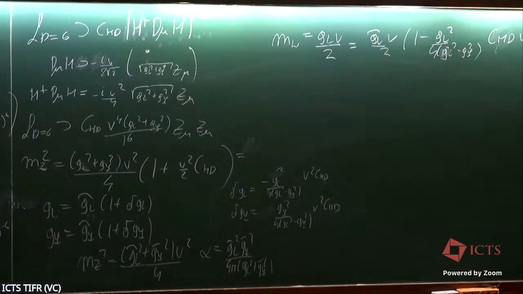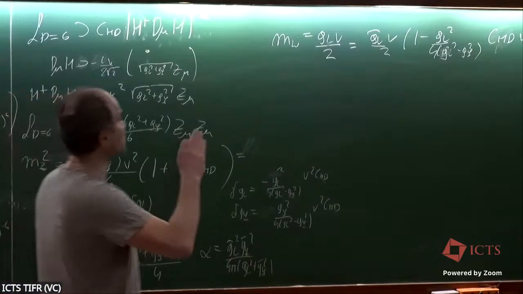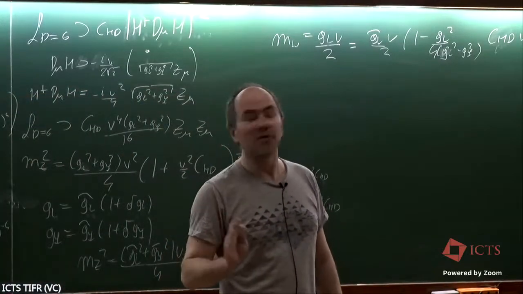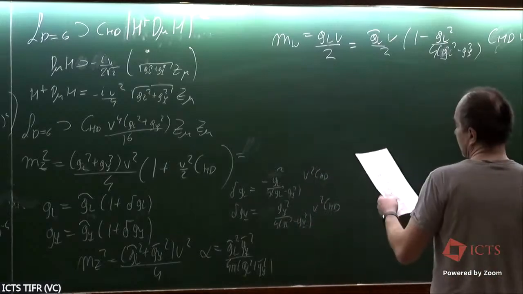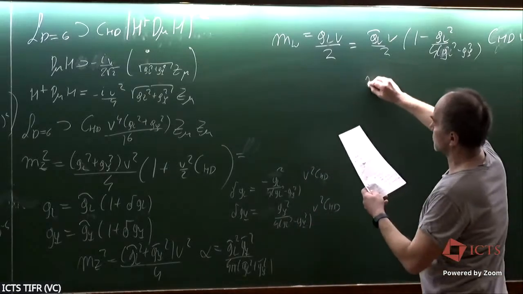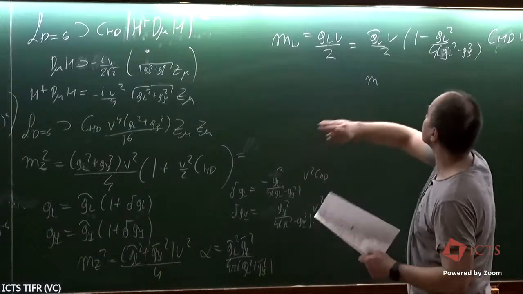I'm not sure you understand. V can be corrected, but not by this operator. This operator doesn't correct V because it doesn't affect anything. It only affects MZ, so it only changes GL and GY. And then you can take the measurement. I think I already wrote the MW.